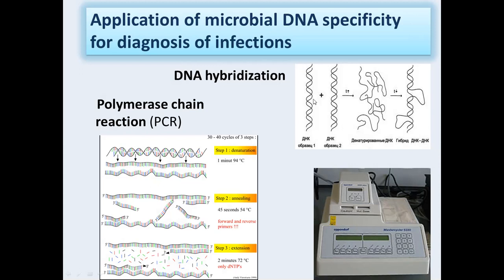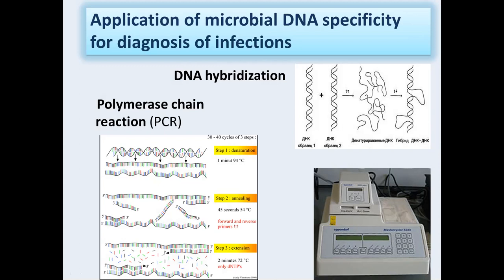But more popular is the other method, the polymerase chain reaction, briefly PCR. To do this test, we need to detect a very specific fragment in the DNA of each pathogenic bacterium, a fragment which is never repeated in other microorganisms.